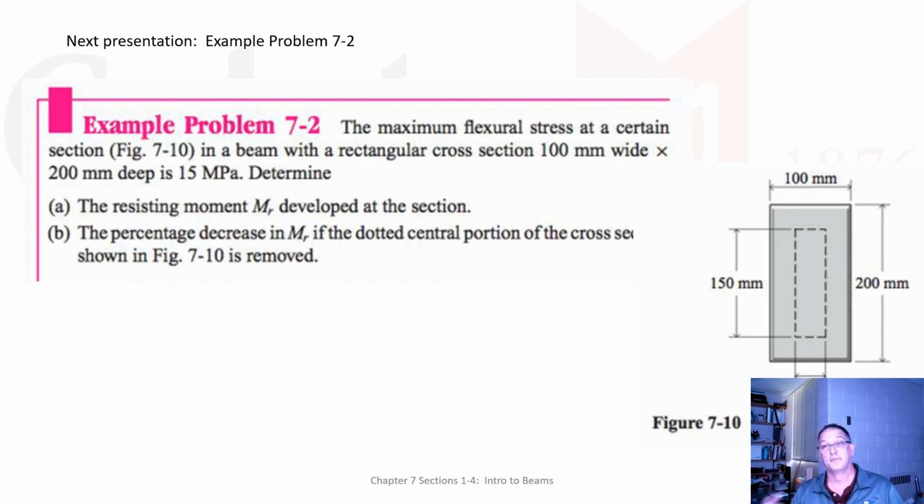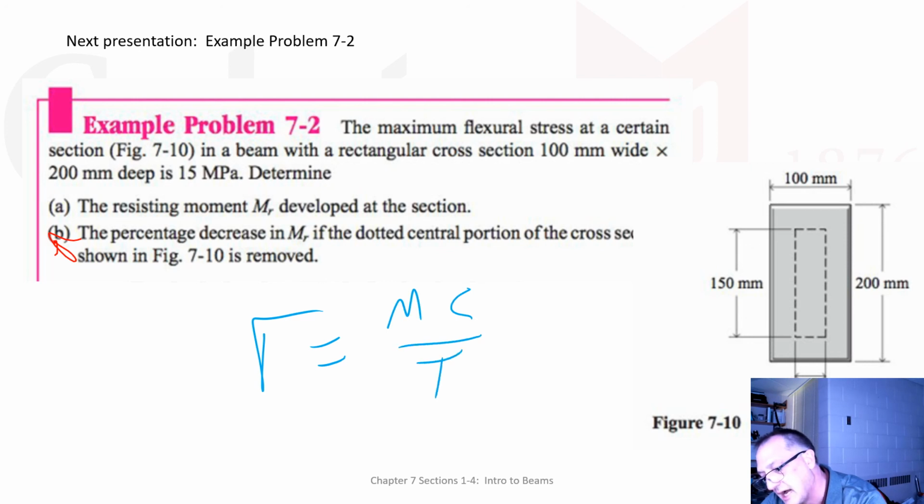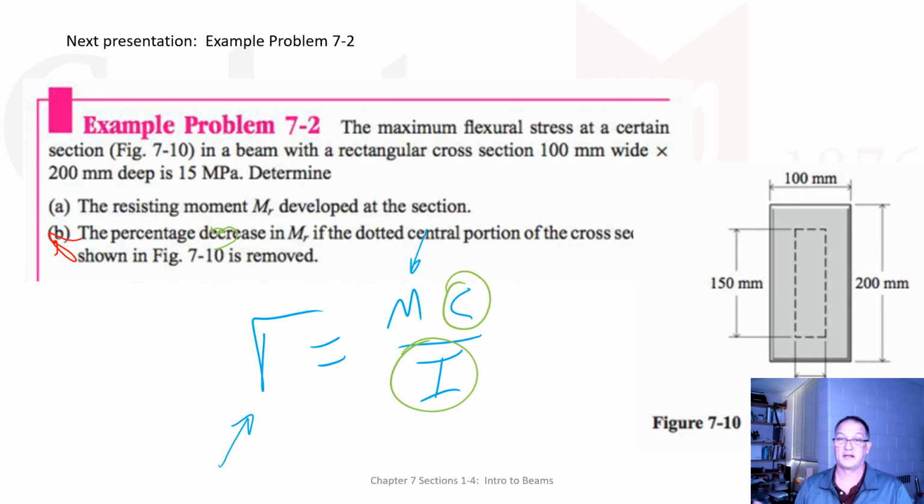But the biggest thing, our equation is now the stress is equal to MC over I. So you've only got a couple things to calculate. We can give ourselves a material property that we can't violate and ask about the maximum moment that we can allow. But realistically, I'm going to guess that C and I are products of geometry.